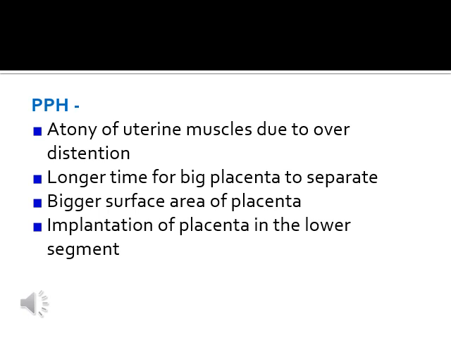As the placenta is big, it takes a long time to separate from the uterus, so there will be bleeding the whole time, then bigger surface area of placenta and implantation of placenta in the lower segment. This can also cause PPH. Postpartum hemorrhage is the bleeding that occurs after the delivery of the baby.